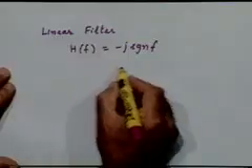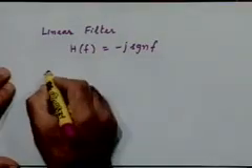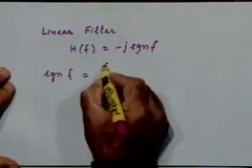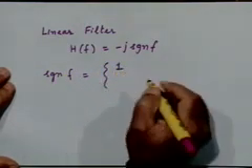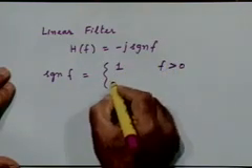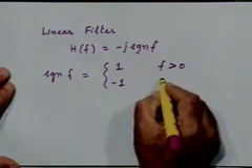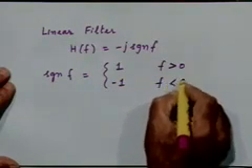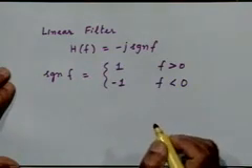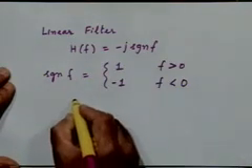It's a very simple function. The signum of f is equal to 1 for f greater than 0, is minus 1 for f less than 0. So what does it look like?